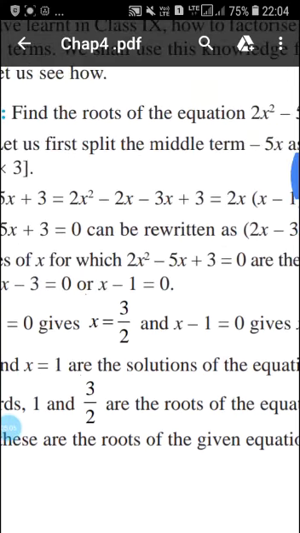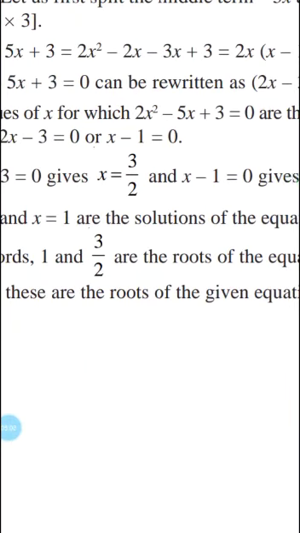Is that okay? So simply what we have to do, if we want to solve this by the method of factorization, you split the middle term, and after that, you find the zeros, the solution also. You have to calculate the value of x also.